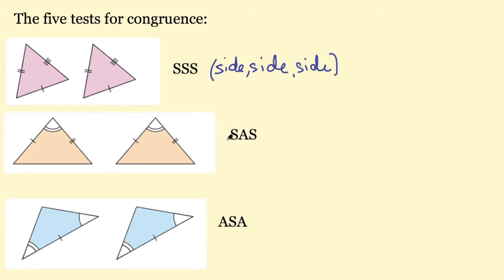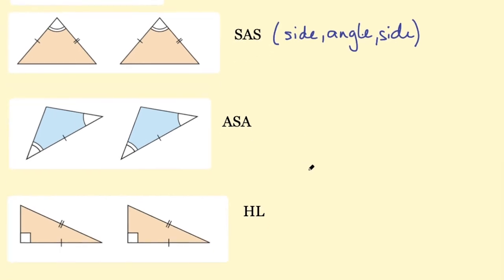So the next one says SAS, and this is if we have a side, then an angle, and then the corresponding side equal, we know that it's congruent. So in this picture we have these two corresponding sides equal, the angle in the middle, and then the other side equal, then we know those two triangles are congruent. It has to be in that order, the angle has to be in between the two sides.